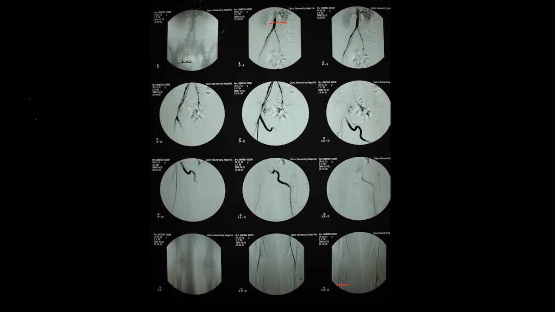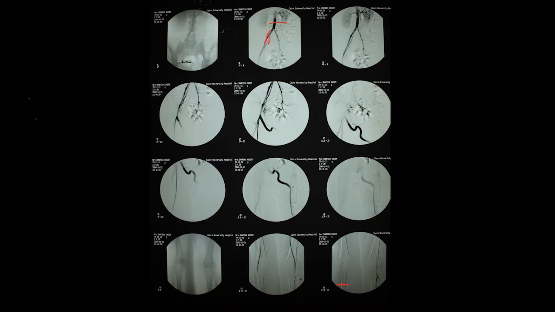And from mobile, how can I know that what you're pointing to is the correct thing? Try to point to things just like you were doing a minute ago, otherwise we'll be lost. Okay, this is the external iliac. This is the internal iliac.